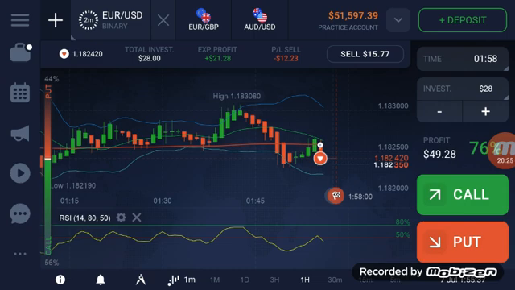I hope it drops like a stone in water so that I can just sell it. I'll just sell it early and end the video, you know. I'm in profit right now. Even if I lose this trade, I'm in profit, but I like to finish with a win. The last trade should be a win so that when I come back on the next video, I don't have to worry about how much I lost or whatever like that.